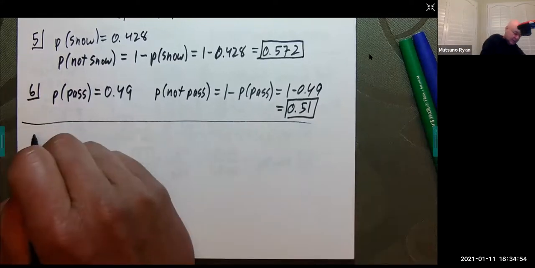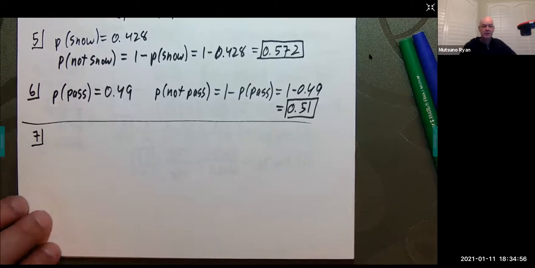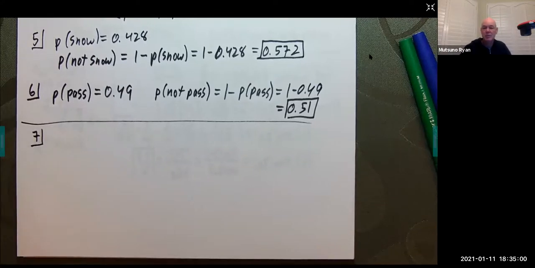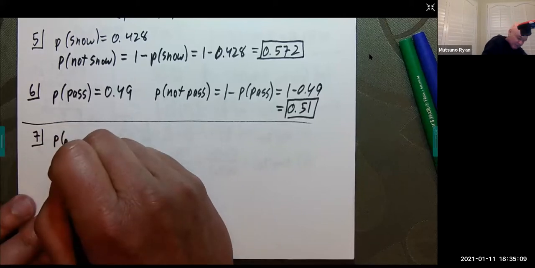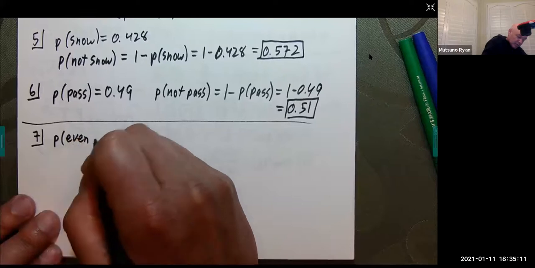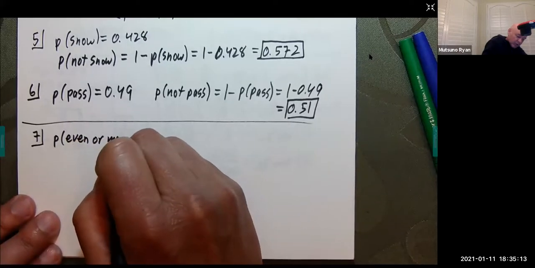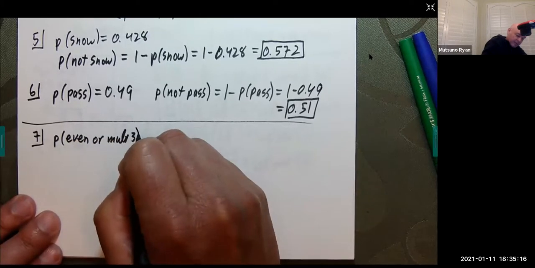All right. Number 7. A spinner has equal regions numbered 1 through 15. What is the probability that the spinner will stop on an even number or a multiple of 3? So we want the probability that it's going to be even or a multiple of 3.